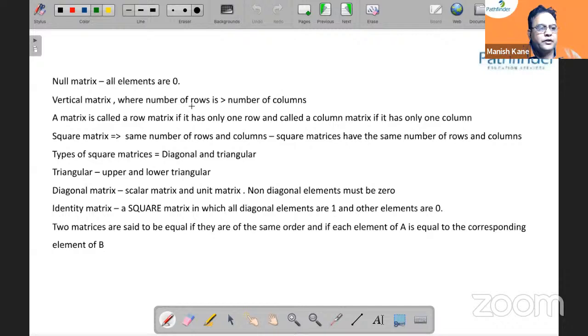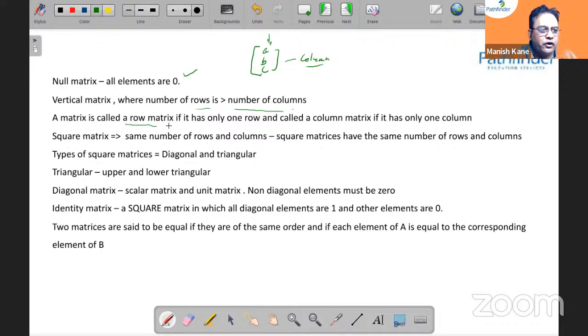There are types of matrices which I'll quickly go through. Null matrix, where all elements are 0. A vertical matrix is like this, where there's only one column, A, B, C. Remember, in a vertical matrix, the number of rows will be greater than the number of columns. This is basically a column matrix, which is a type of vertical matrix only.